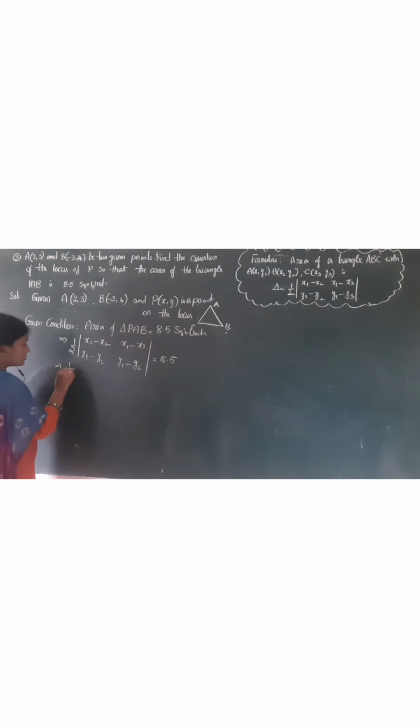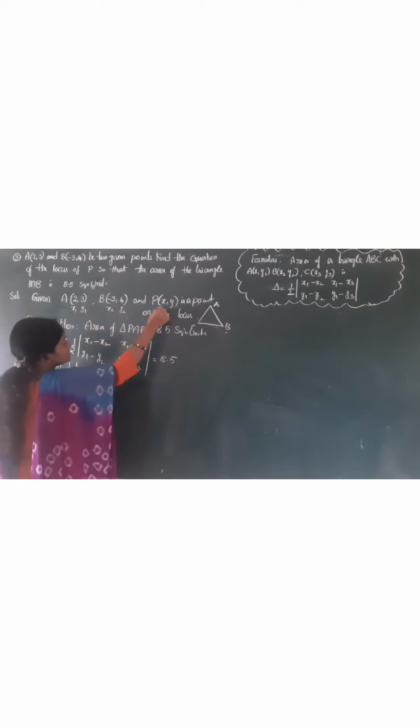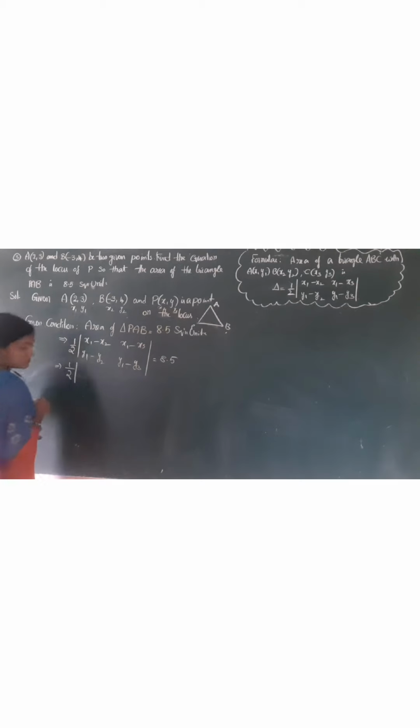Now let us substitute the given values. This is x1, y1, this is x2, y2, and this is x3, y3. First one, 2, 3 minus, minus. Here we have to substitute the second vertex values, that is minus 3, 4, for x1 minus x2, y1 minus y2.